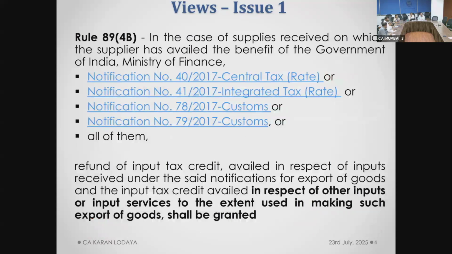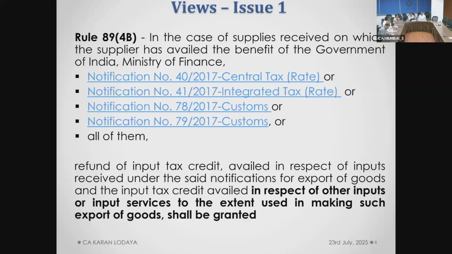So that is basically 89(4B). What does 89(4B) state? In case of supplies received on which the supplier has availed the benefit of advance authorization notification 78, refund of input tax credit availed in respect of inputs received under the said notification, export of goods, and input service credit availed in respect of other inputs or input services to the extent used in making said export shall be granted. Means if you are availing the benefit of advance authorization, then you have to go under 89(4B).